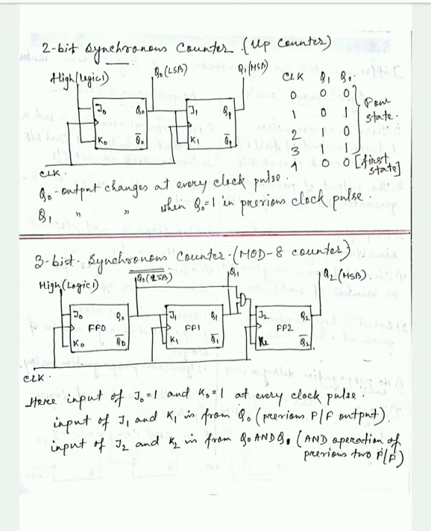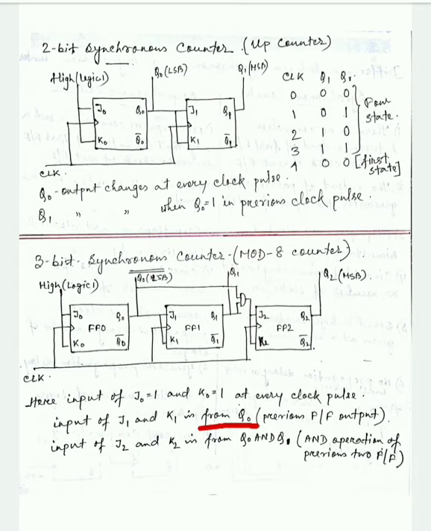now we see the input sequence of the first flip-flop: J0 is 1 and K0 is 1 for every clock pulse, as high goes to the first flip-flop. For the second, the input comes from Q0, so the input of J1 K1 is from Q0, the previous flip-flop's output.